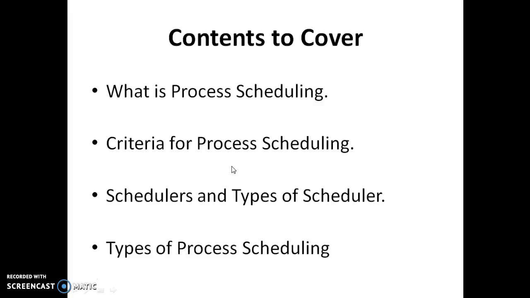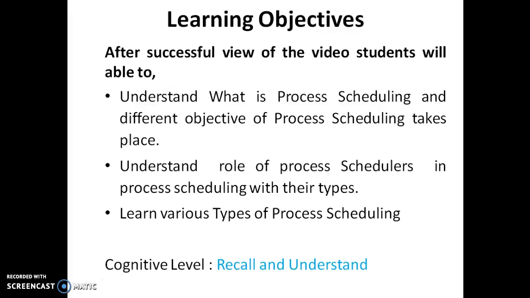In the next session, part 2 of this video series, we are going to see what are the schedulers used for process scheduling and their types. Last but not the least, we are going to see what are the different types of process scheduling that can exist in the operating system.